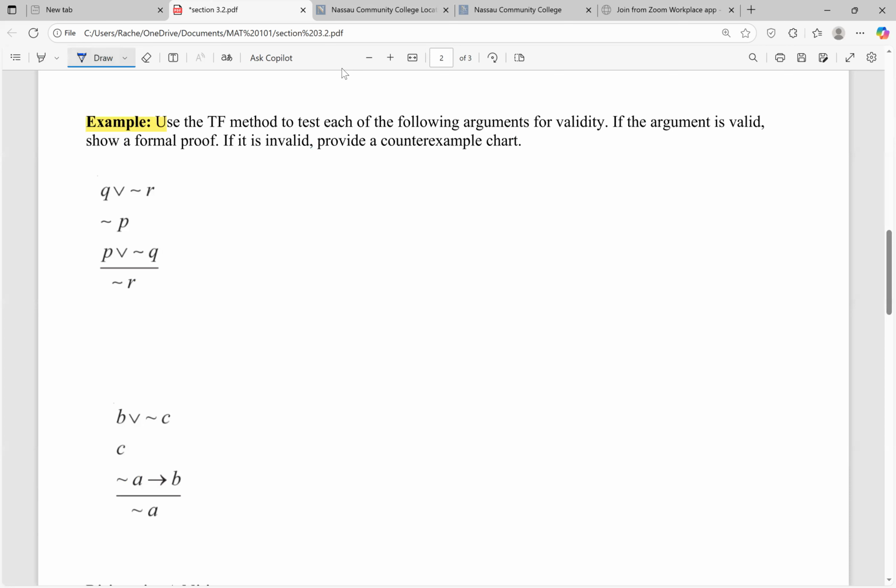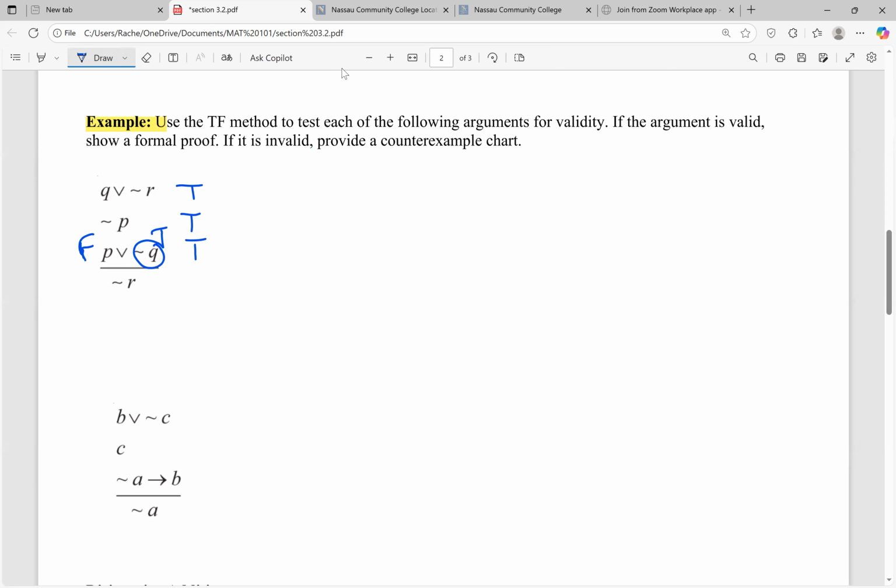So let's look at this first argument. Let's assume all my premises are true. So if not P is true, then P is false. And I have a disjunction here, and the only way a disjunction can be true, if one of the sides is already false, is if the other side is true.